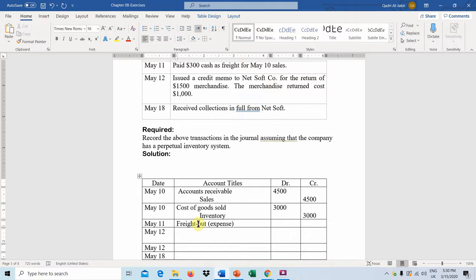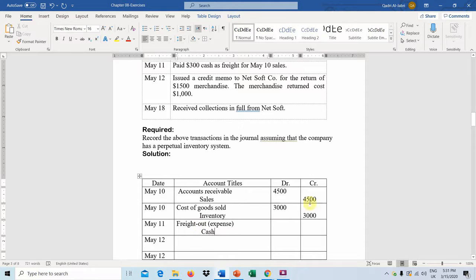So this will be a period cost, recorded as an expense, and it will not be part of the cost of the inventory. So I will debit freight out and credit cash for the amount paid. So we paid the freight, as you can see, 300, and cash will be credited by 300.